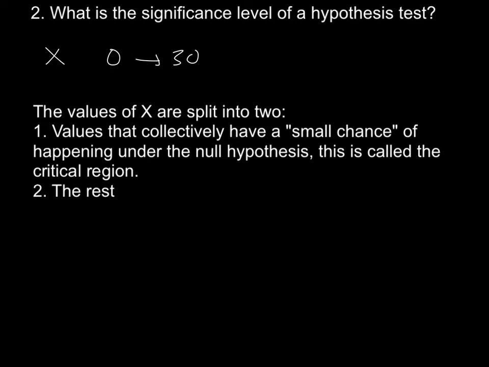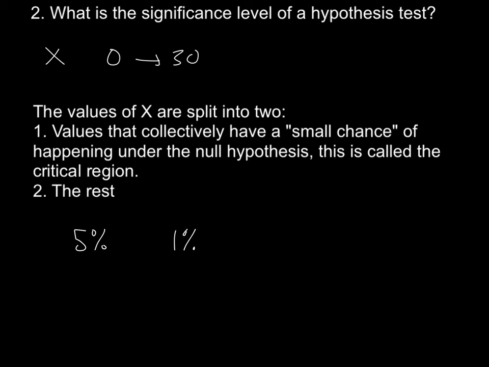Now, I've put small chance in quotation marks because we have to define what the small chance is. Normally, a small chance is that it happens 5% of the time or less, or sometimes 1% of the time, and we use those generally to see whether something is likely or very unlikely to happen.